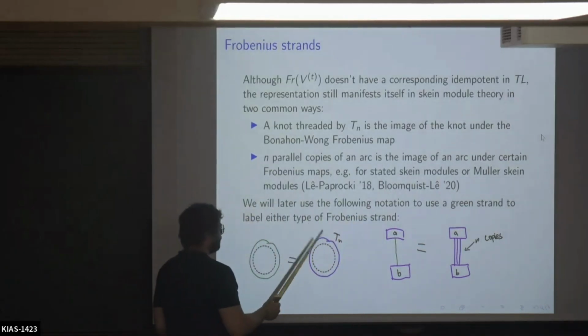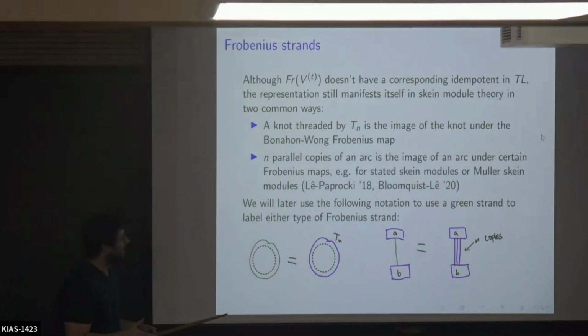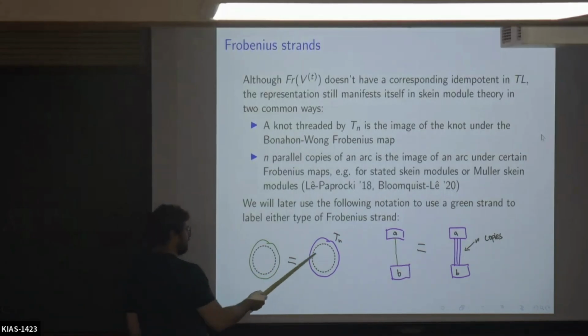And so I'm introducing this notation to depict two different ways that the Frobenius elements show up in the skein theory. So if we have a loop that's colored by green, I want to use that for threading the loop by T_n.